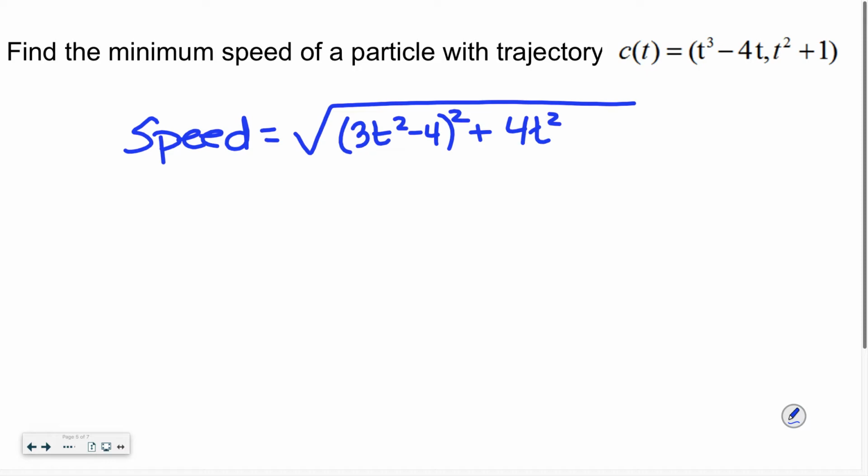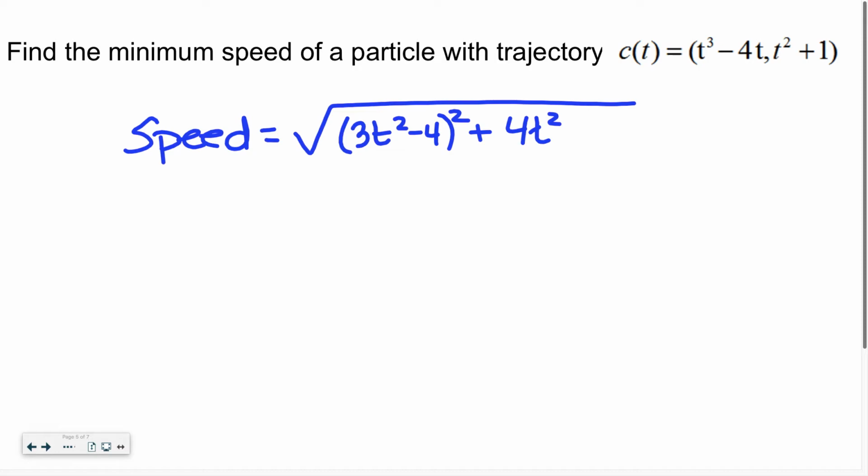Okay. We want to minimize the speed. So it's like an optimization problem, right? I just taught optimization 45 minutes ago. Now you can do it again.